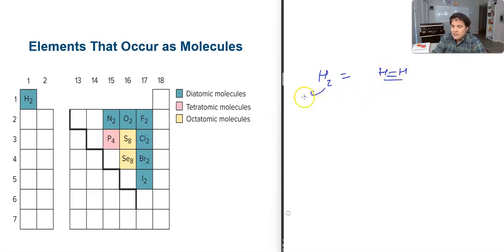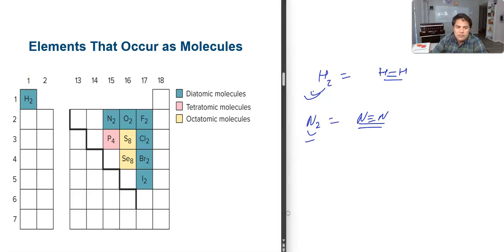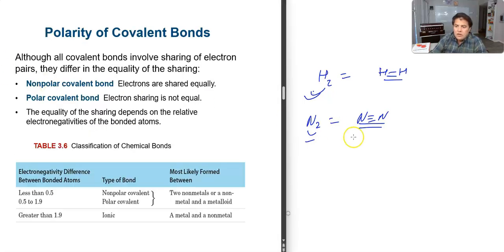So that's why this is a molecule. Nitrogen and nitrogen, right? So this is also a molecule. Other molecular elements are sulfur 8, selenium 8, chlorine 2, bromine 2, iodine 2, fluorine 2. These are the elements that occur as molecules.